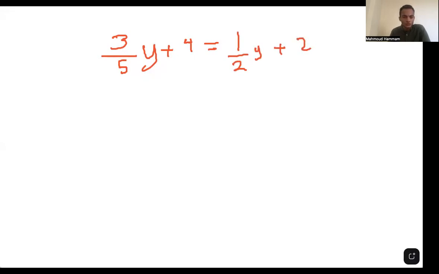Okay, can you see the screen? Yes. Very good. What are the fractions that you have? 3 over 5 and 1 over 2. Very good. I want a number, Salah, that's divisible by 5 and at the same time divisible by 2. What would this number be?